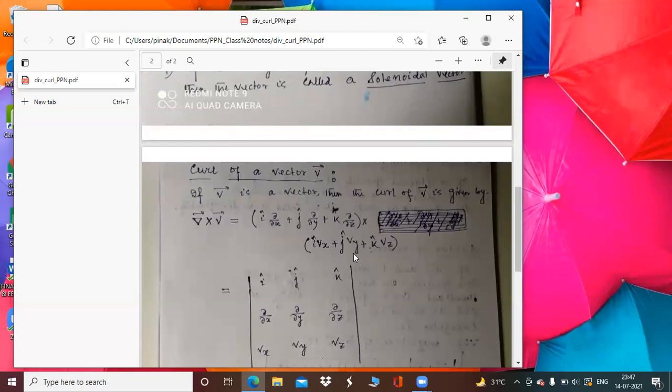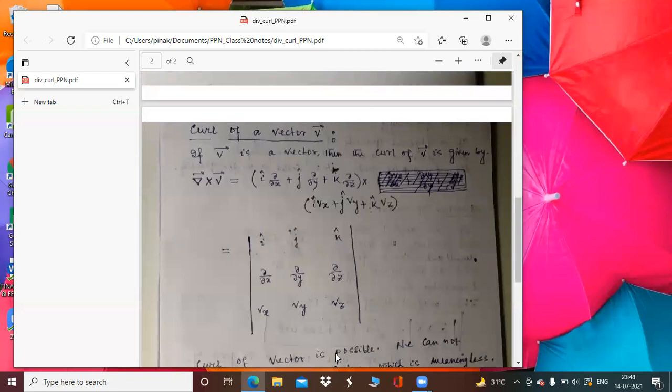Then, as you do in the case of cross product in the Cartesian component form, here also you form a determinant whose first row is i cap j cap k cap, second row is del x del y del z, and third row is vx vy vz. And if you evaluate this determinant, you will have the curl of the vector v bar.